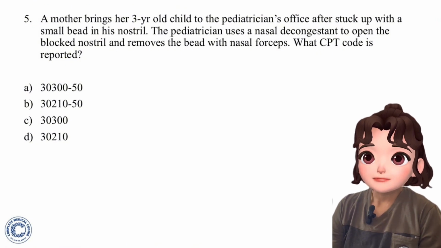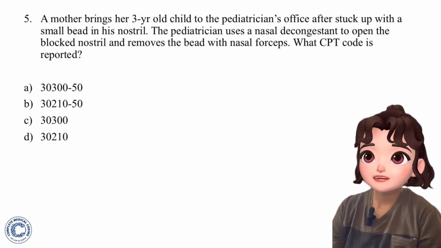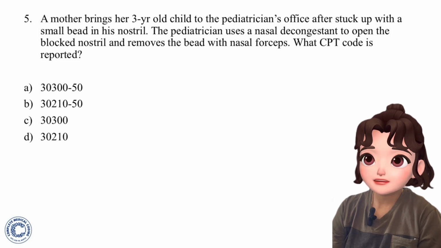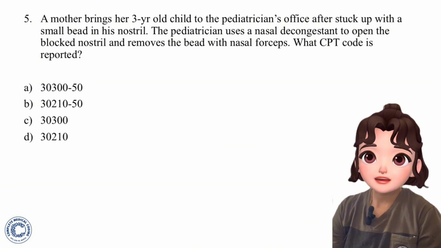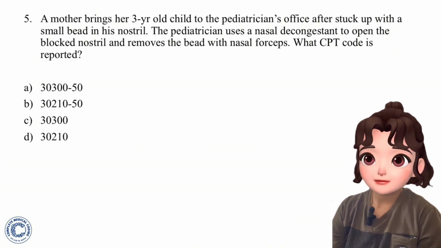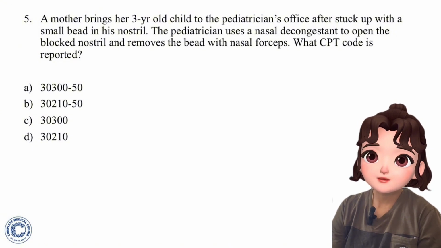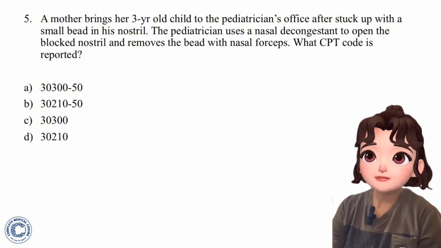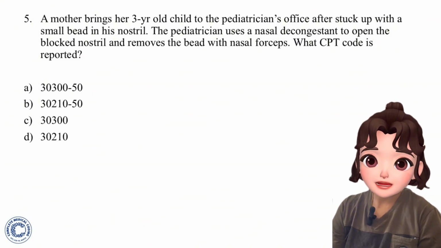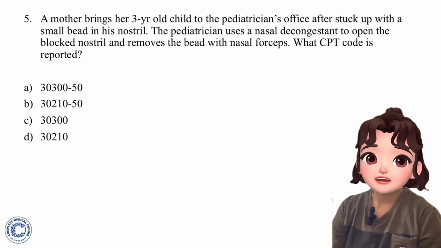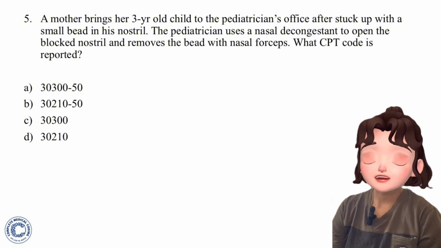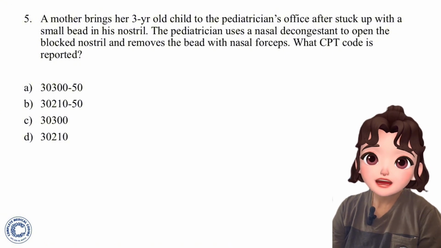Now, fifth question. A mother brings her 3-year-old child to the pediatrician's office after he got a small bead stuck in his nostril. The pediatrician uses a nasal decongestant to open the blocked nostril and removes the bead with nasal forceps. What CPT code is reported? So here the patient is 3 years old and is here with a small bead stuck in the nostril.